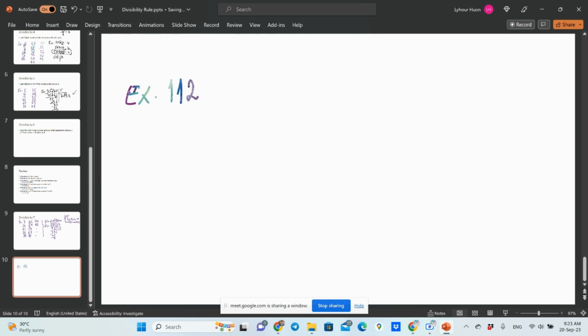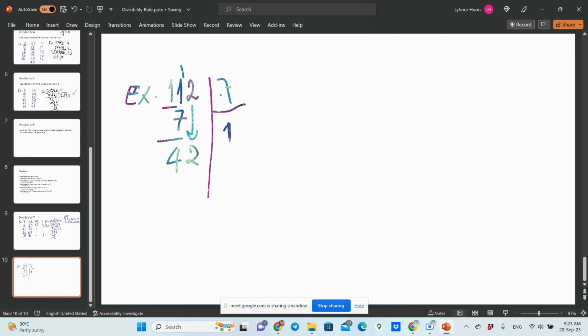Will this be divisible by 7? We need to check. First of all, we check by 7. 7 times 1 is 7, and we get 4, and we drop the 2. It's not divisible. Oh, it is divisible.